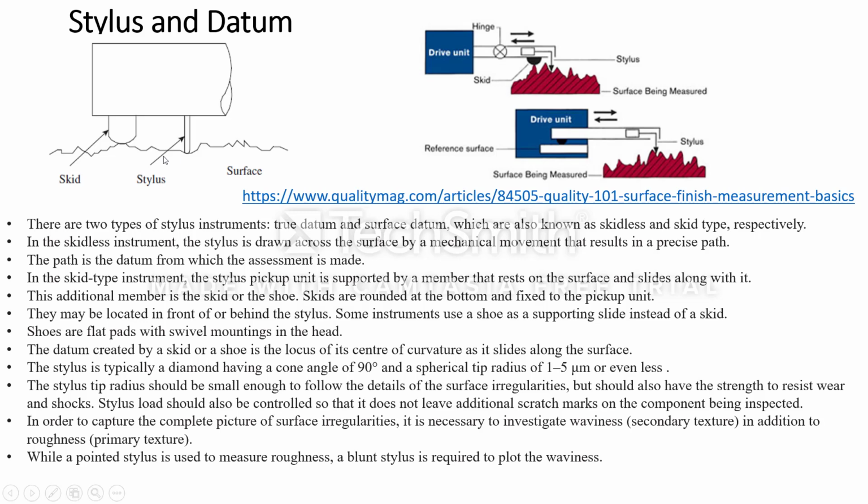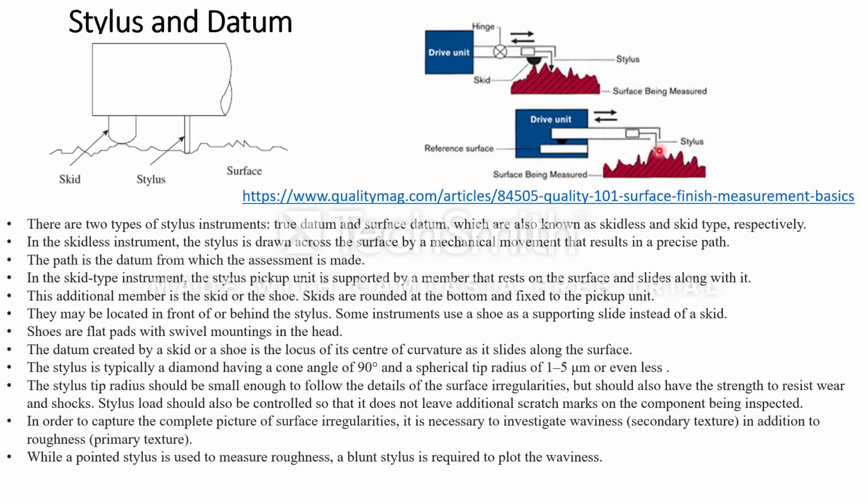In the skidless type instrument, the stylus is drawn across the surface by a mechanical movement and that results in a precise path. So this is my skidless stylus instrument, which is used to measure the finishness of the surface, and in this I don't have any type of skid.